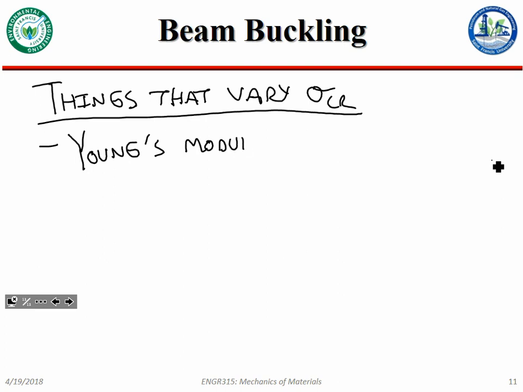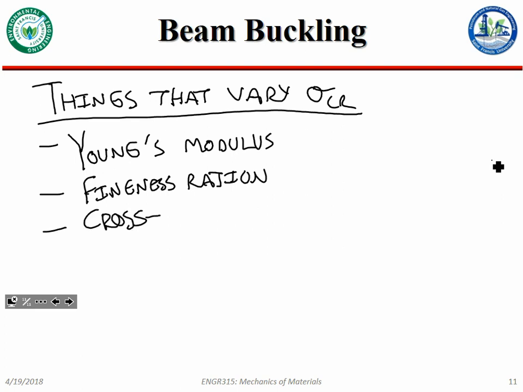So based on what the material is. What else? Okay, dimensions and cross sections. So that includes our fineness ratio, and everything that feeds into the second moment of area. What else?